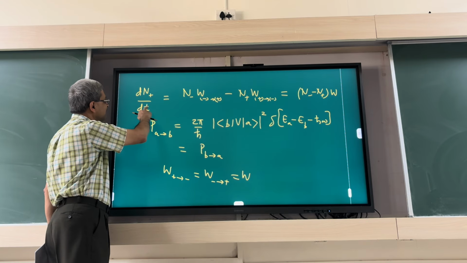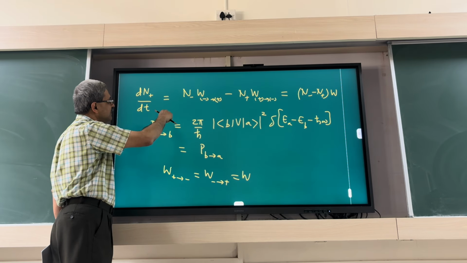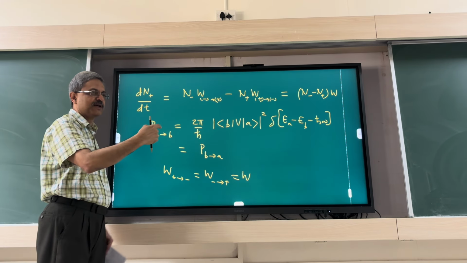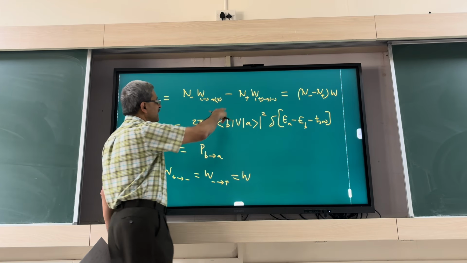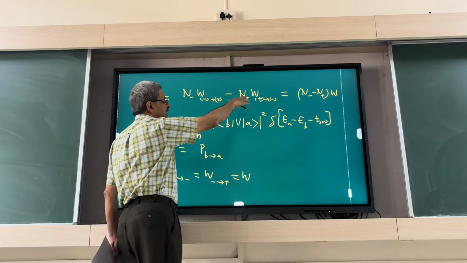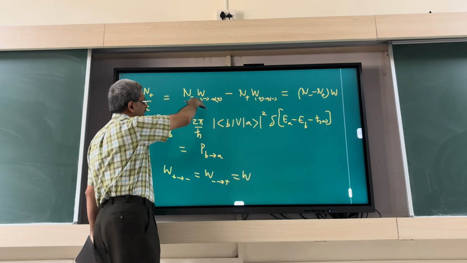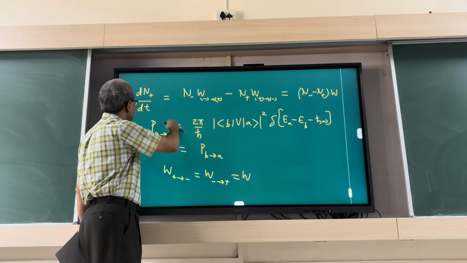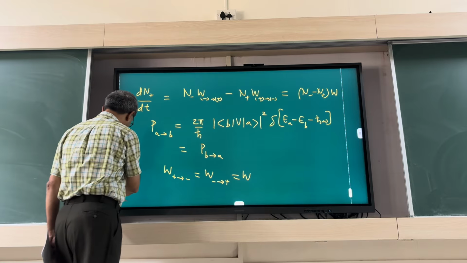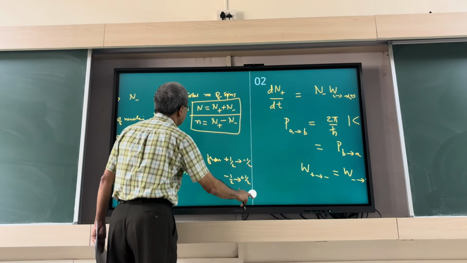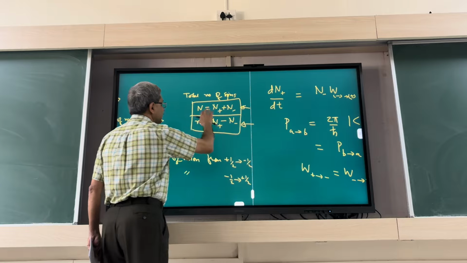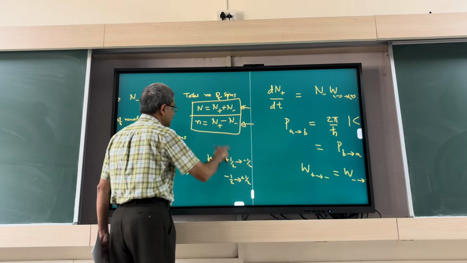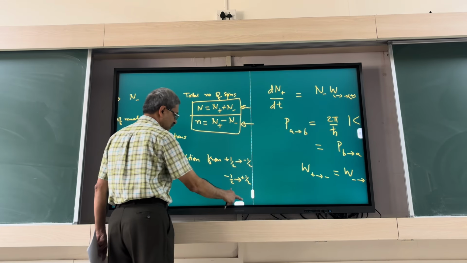If you're doing dn minus by dt, then you're counting the increase of the population because of transition from the plus state. So it will be n plus with a positive sign times W, and then n minus with a negative sign. Keeping in mind the new variables we defined, n total is the sum of n plus and n minus, and the difference in population is small n.